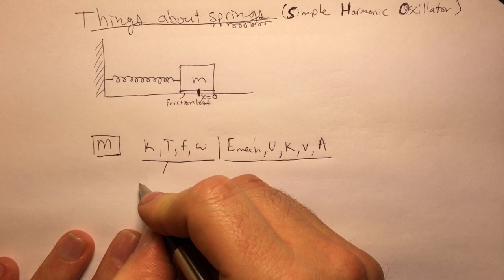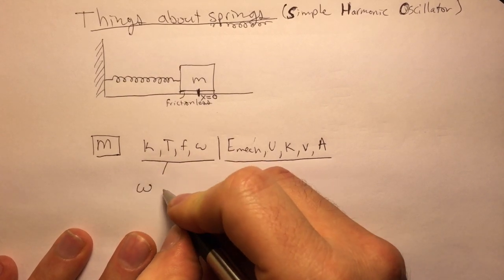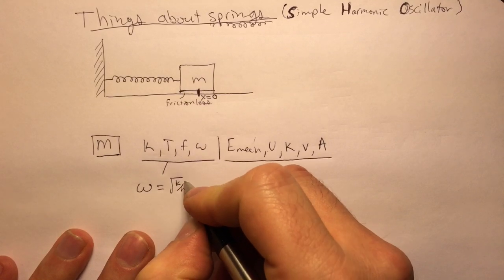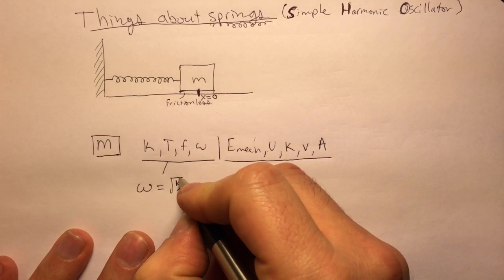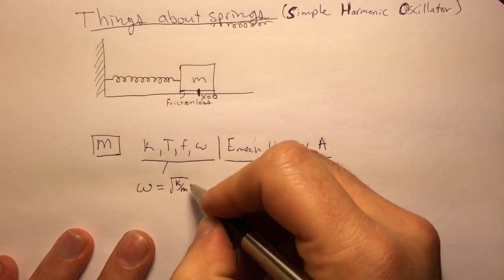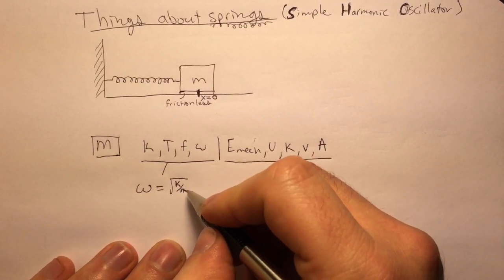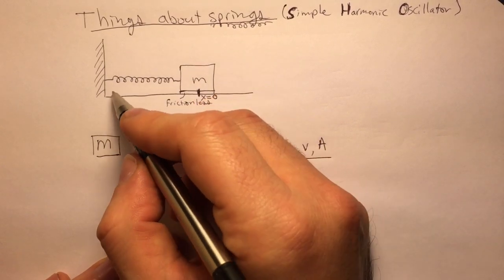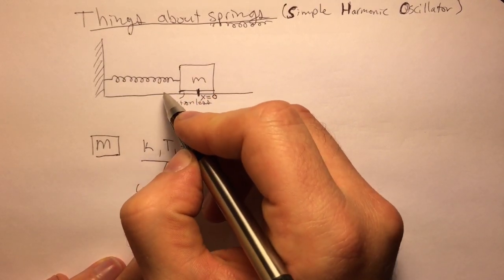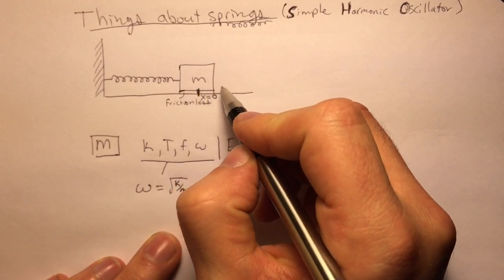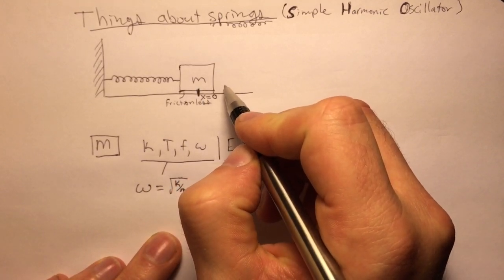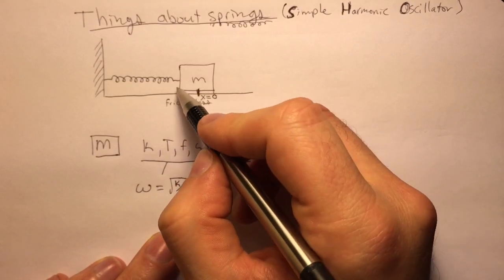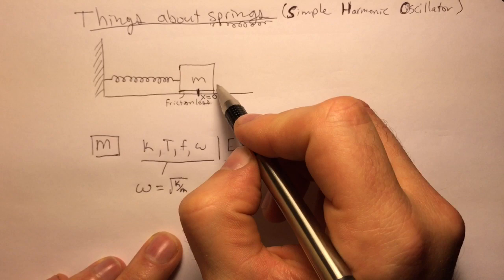Well, we learned in class that the angular frequency is equal to the square root of k over m. That's the spring constant specific to the spring over the mass attached to the spring. All this means is that if k is bigger, you've got a stronger spring. So if you move the mass, it'll start to oscillate back and forth, but if it's a stronger spring, it'll go faster.